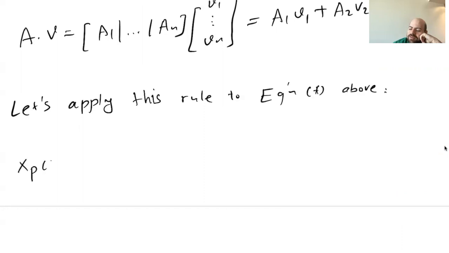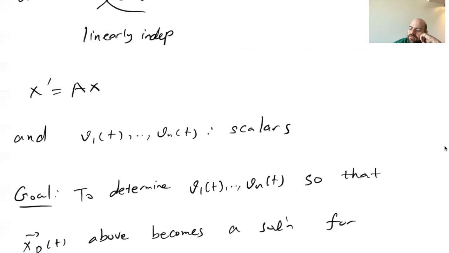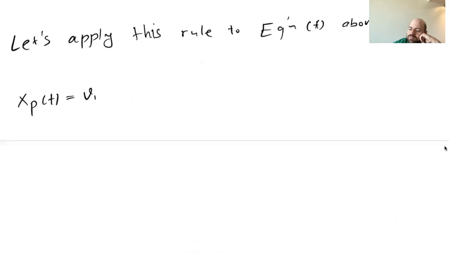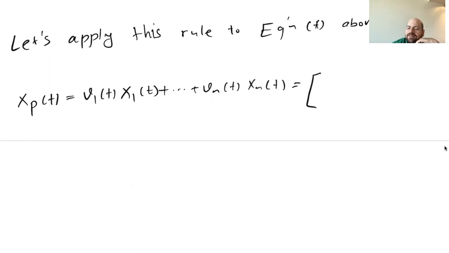Then xp of t, which was v1 of t x1 of t all the way to vn of t xn of t, can be written as a matrix times a vector.